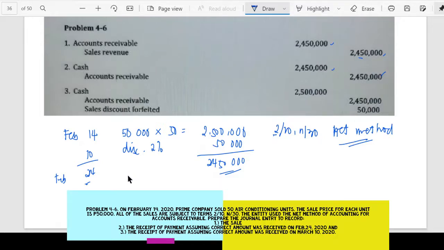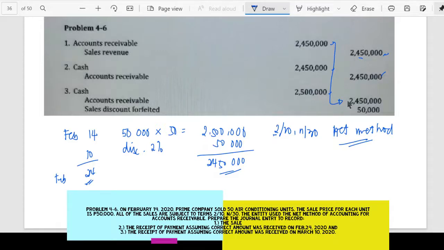Number 3, what if March 10 gibayaran? Okay? So, kung March 10 siya, so nilapas na siya sa February 24 nga deadline. So, therefore, there's no discount supposed to be. Diba? So, therefore, kung walay discount, pila may atong i-collect from our customer, i-collect na to ang entire amount nga 2,500,000. So, debit cash 2,500,000, but we will close the accounts receivable nga 2,450,000. Dili 25 atong i-close.